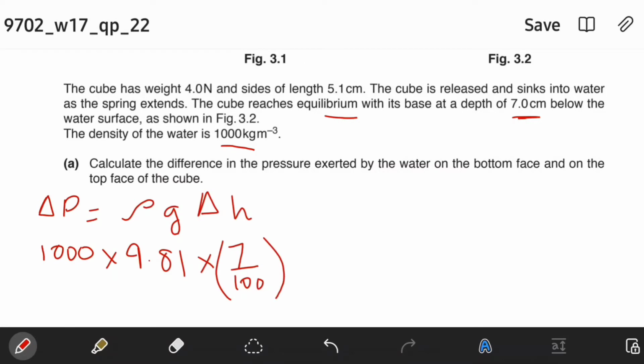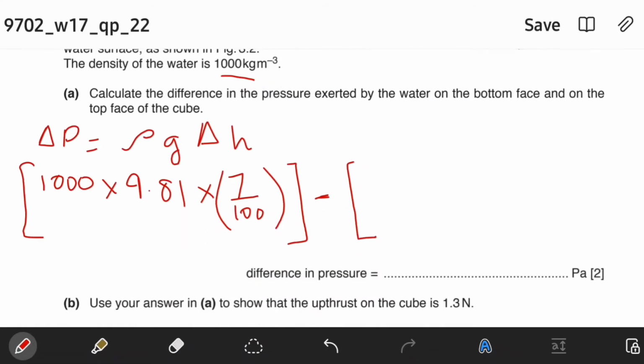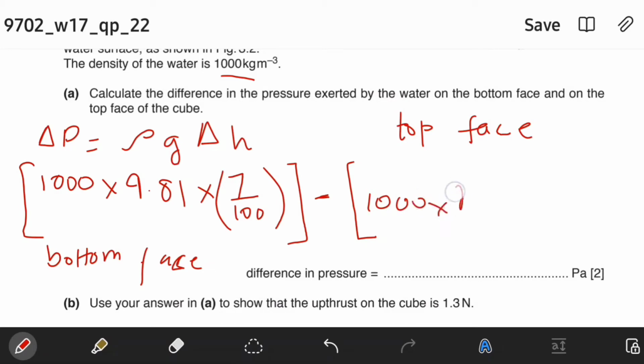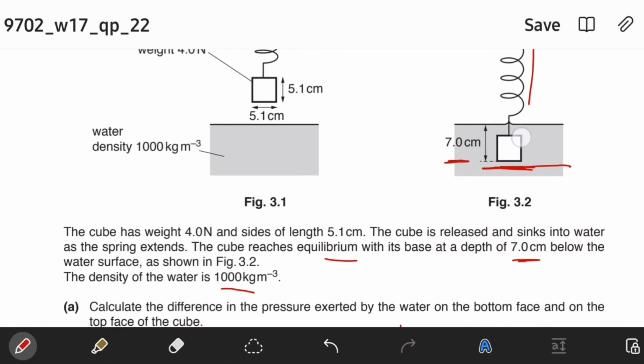And you are going to subtract the pressure on the top face from this pressure on the bottom face. Bottom face, and this is for the top face. 9.81 into, now let's see here, the top, what would be the depth from the top?